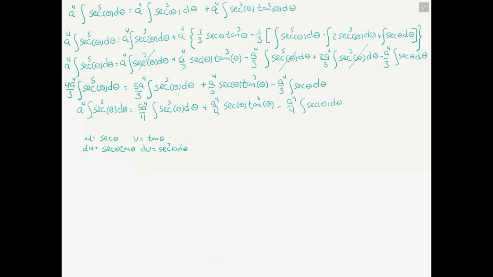So we use integration by parts again, where we have uv, which is secant theta tan theta, equals the integral of u dv plus v du. And so that's what we're doing here.